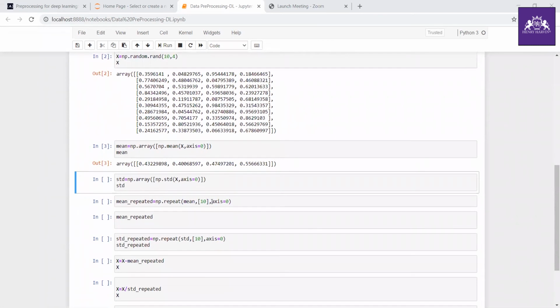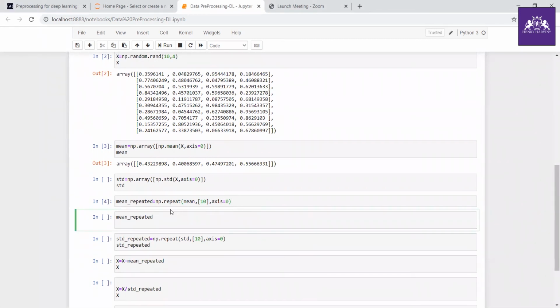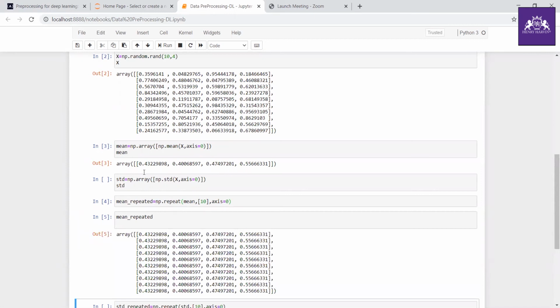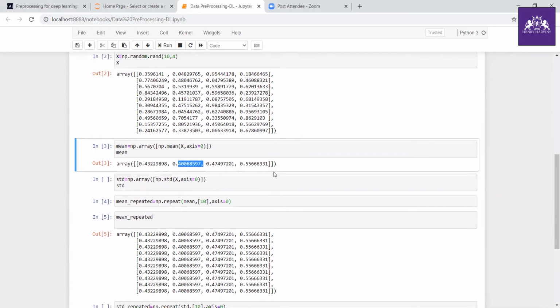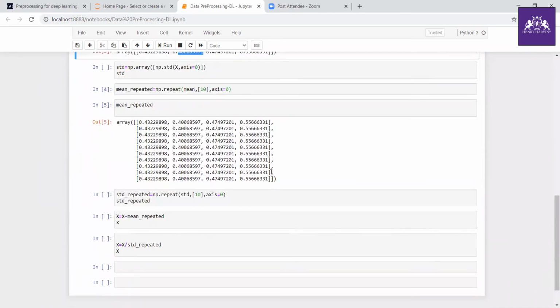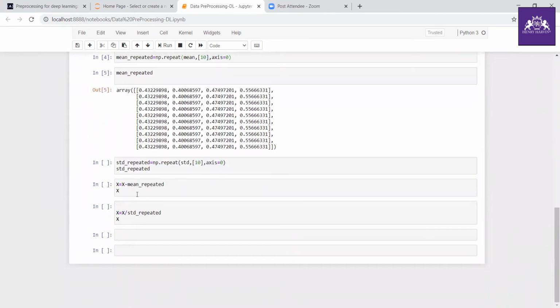Now I'm going to repeat the mean numbers, and you will come to know why I'm doing this step. You can see that 0.43229898, the same number, is present in all the rows. The next one, the same numbers. Next one, the same. I will tell you shortly why I am doing this.